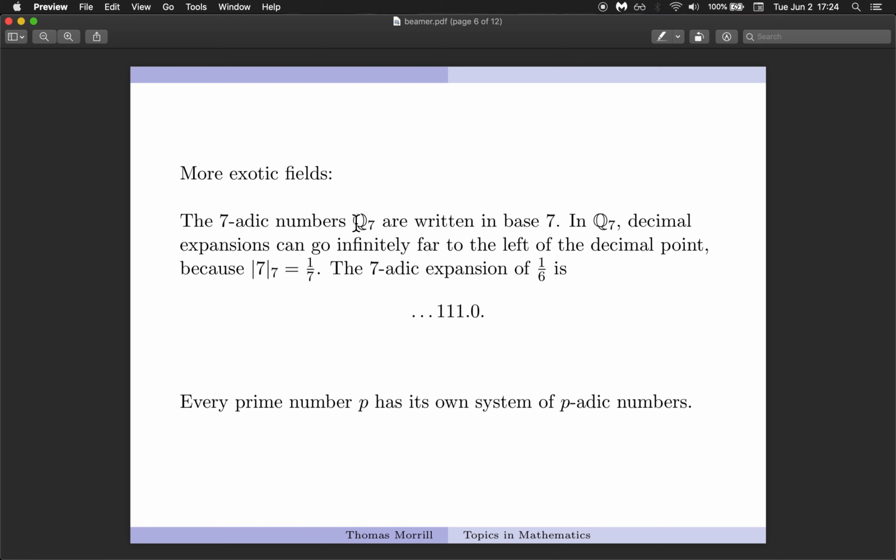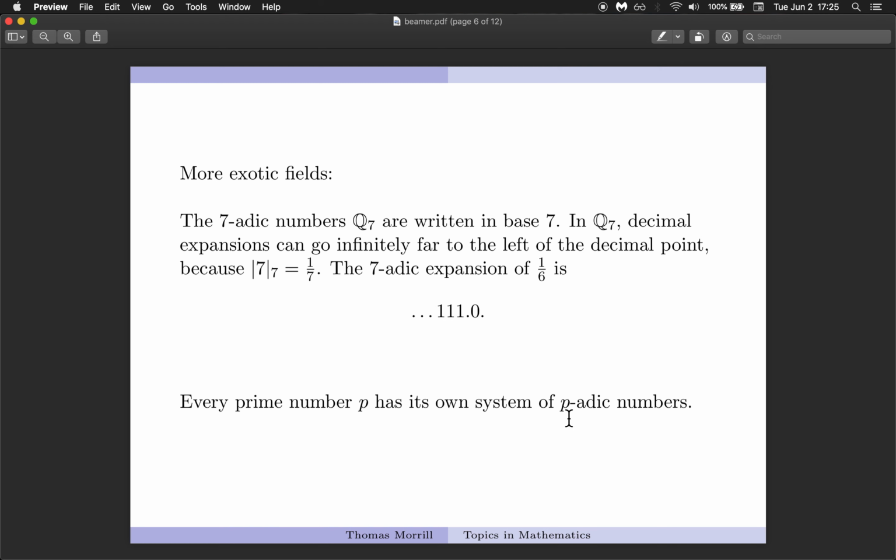The reason why we give this set the name Q subscript 7 is that every single fraction is contained in here along with new numbers. This is the same way that every single fraction is contained in the set of real numbers, along with some new numbers, the irrational numbers.